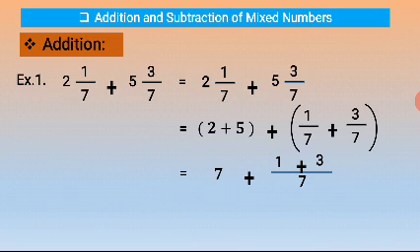Next we calculate that operation, 1 plus 3 is 4, upon 7. Now we write this without the addition sign, that is 7 and 4 upon 7.